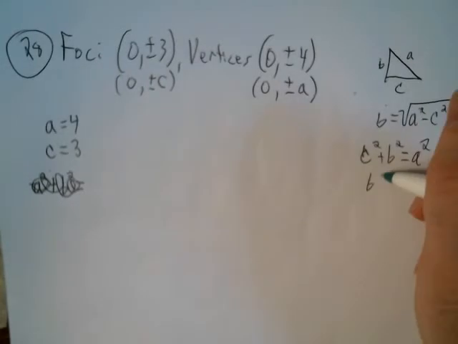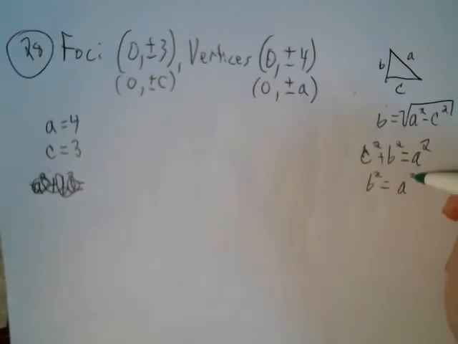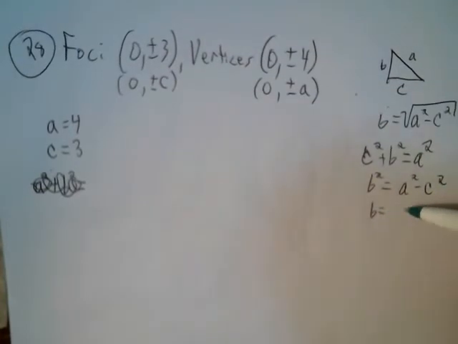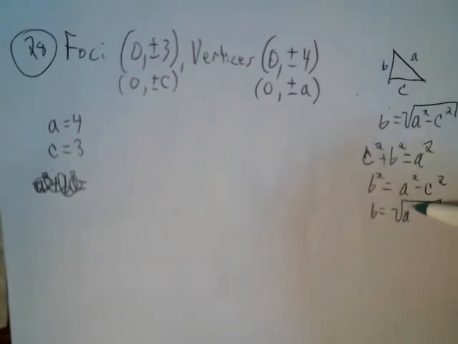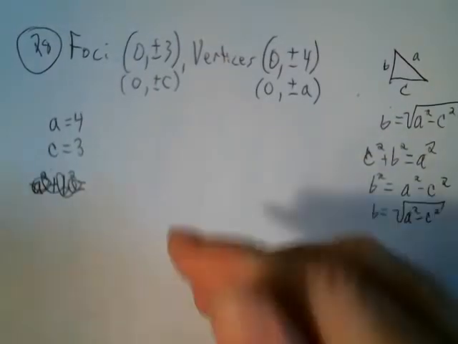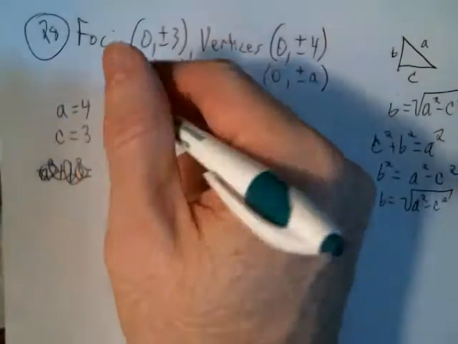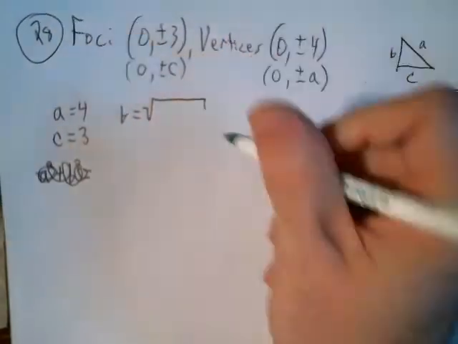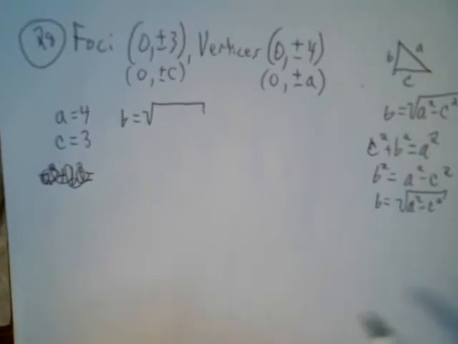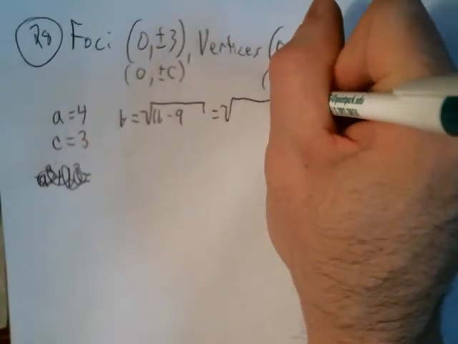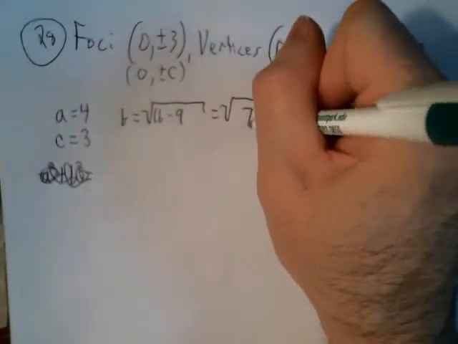So you just subtract the C squared, and then take the square root. This time we don't need the plus or minus. Okay, so anyways, getting back to here, then we can find B by doing a substitution into this formula. So we'll have 16 minus 9, which is square root of 7.